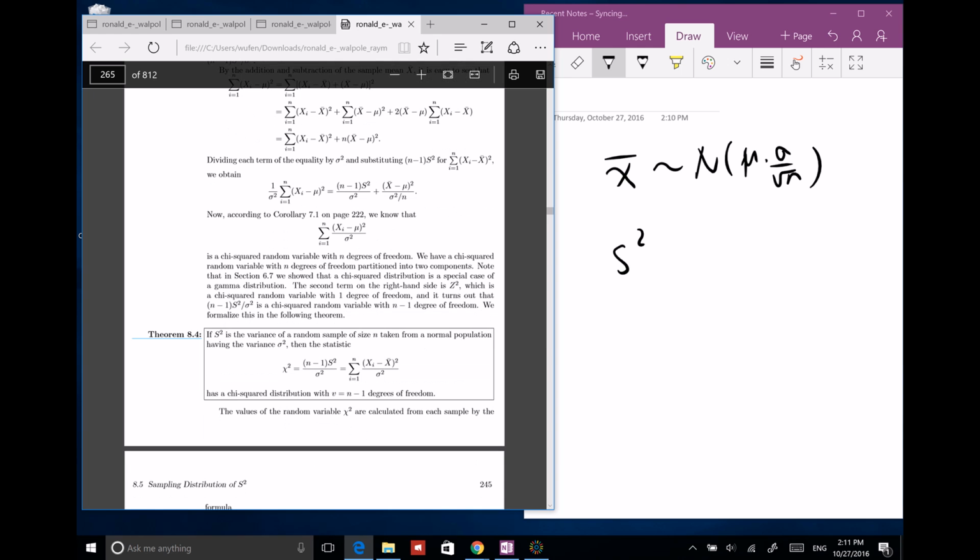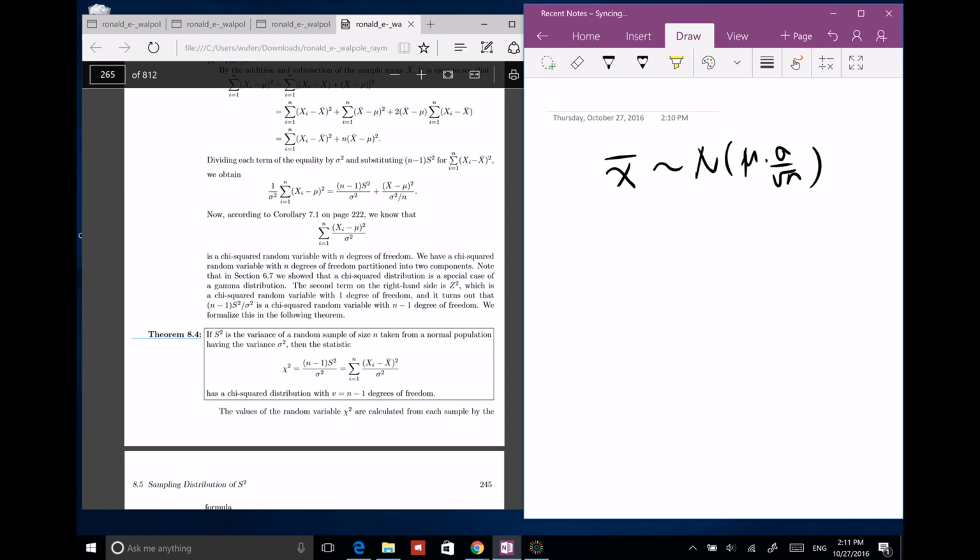There's another distribution I would like to introduce to you, the chi-square distribution.